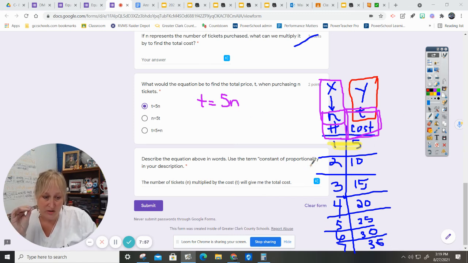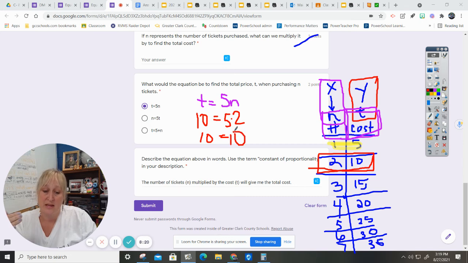Now I'm going to change this color. Do you see this set of numbers right here, 2 and 10? Well, 2, watch my little pen, is the N. So I'm going to put 2 right there. Bring that down, right? 10 is the T. So I'm testing to see if it's true or not. Does 10 equal 10? And the answer to that is yes.